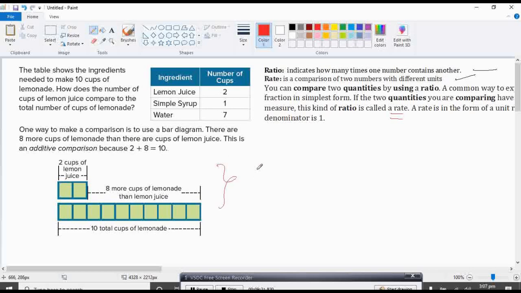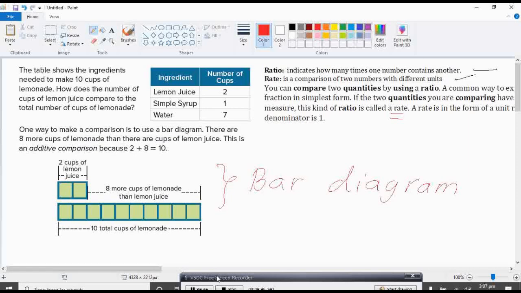This is what we call a bar diagram, to show the students how the ratio will work. Okay, there are 8 more cups of lemonade than there are cups of lemon juice. So this is an additive comparison because 2 plus 8 is 10.